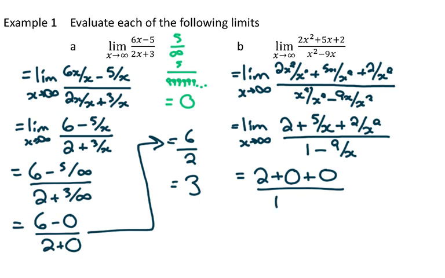The bottom, we have 1 minus 9 over x, which is also, after plugging in infinity, going to turn out to 0. Working that out, the top is 2, the bottom is 1, and 2 divided by 1 is 2.